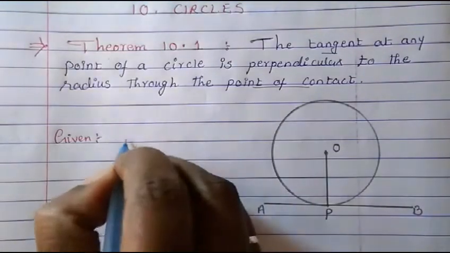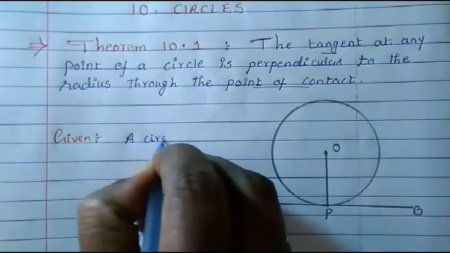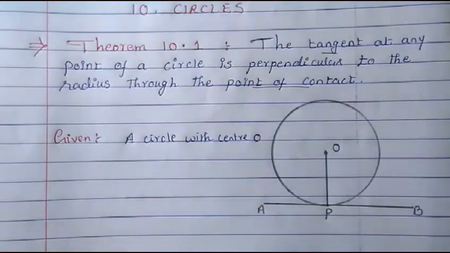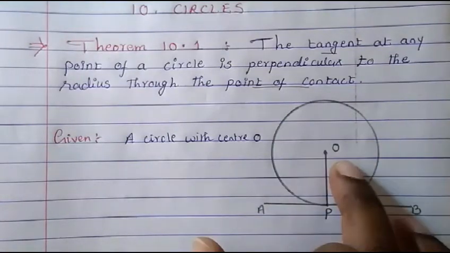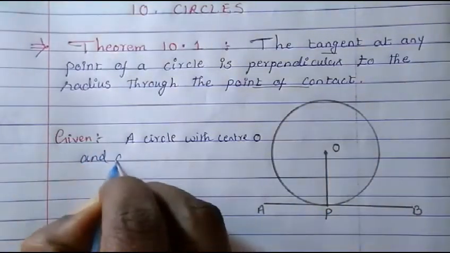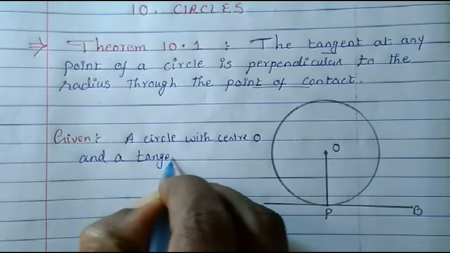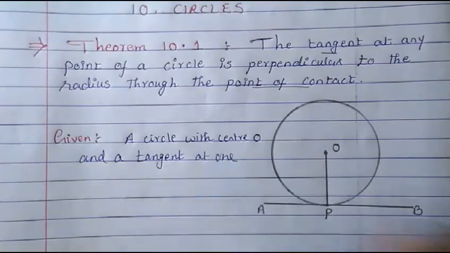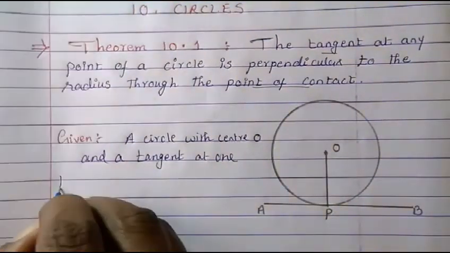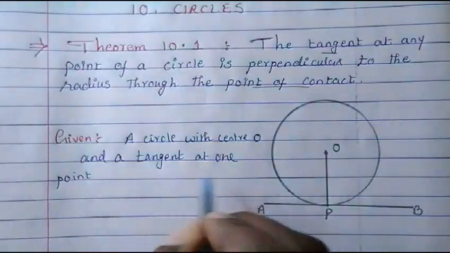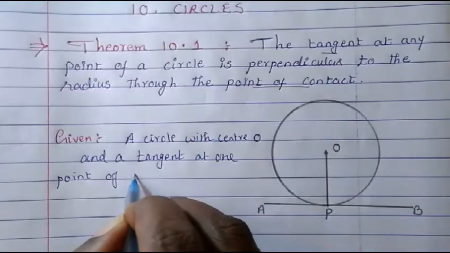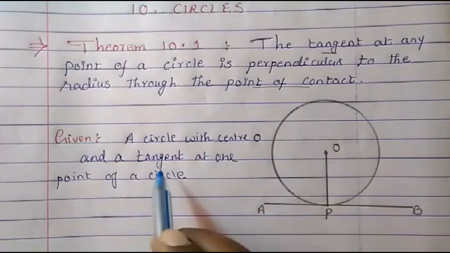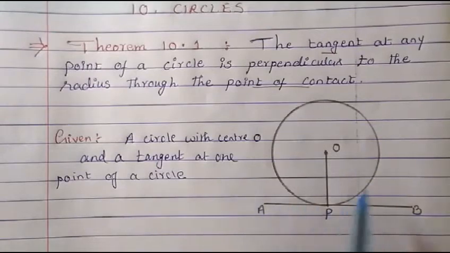Given is a circle with center O and a tangent at one point of the circle.